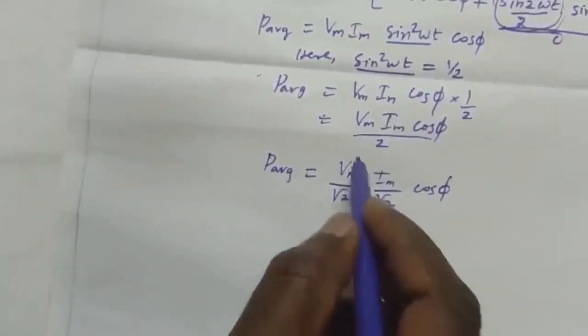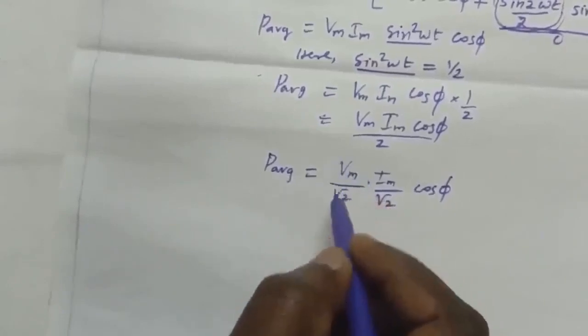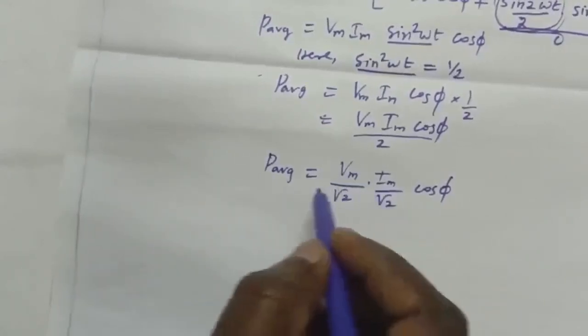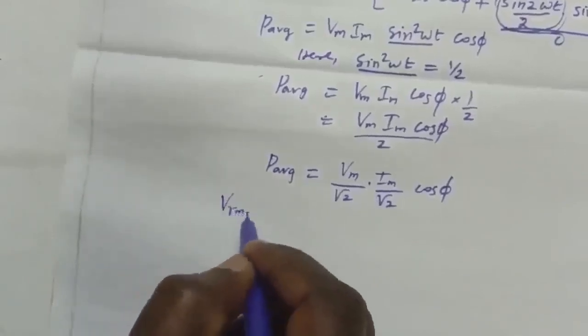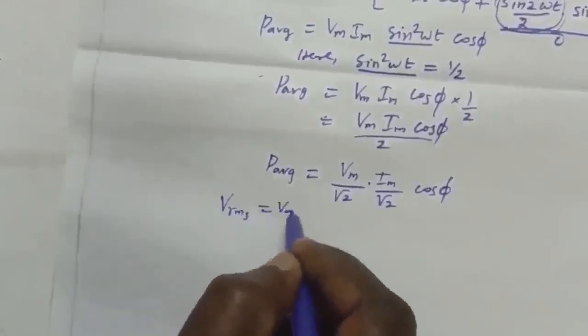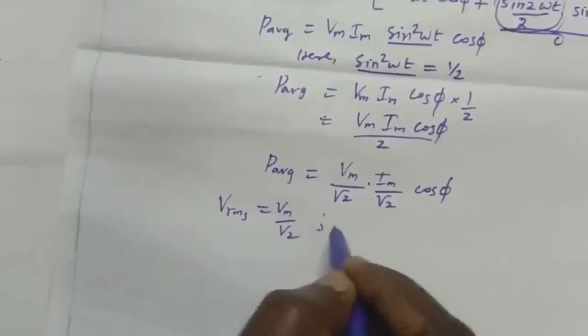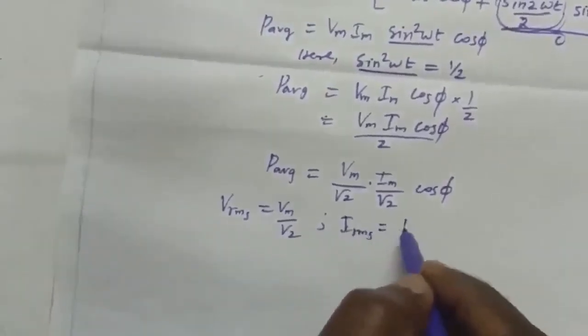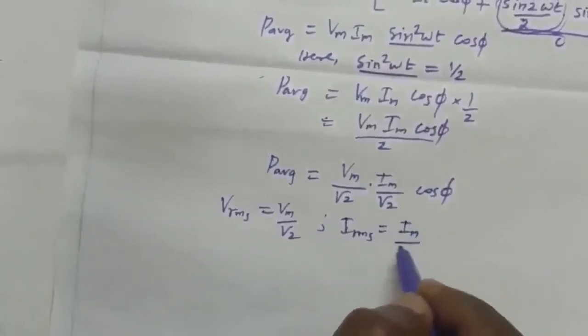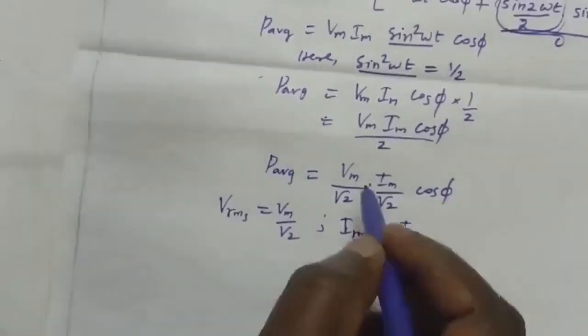Already you know that Vm by root 2 is Vrms, that is equal to Vm by root 2, and also Irms is equal to Im by root 2. Now substitute in the power relation.